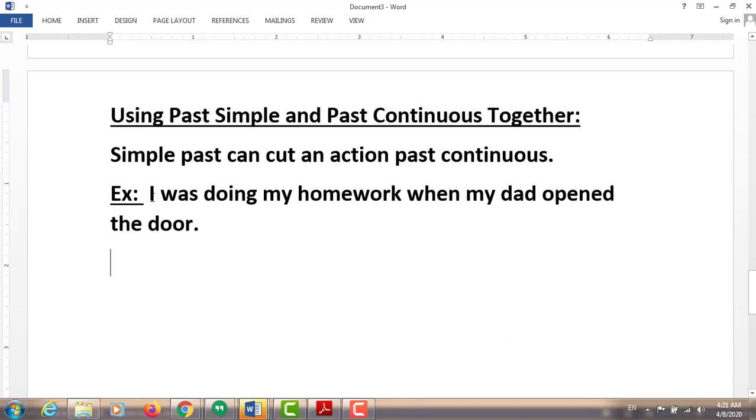Look at this one. This action was in progress in the past, and then what happened? So simple past, what did it do? It interrupted. So what I said, simple past can cut or can interrupt.